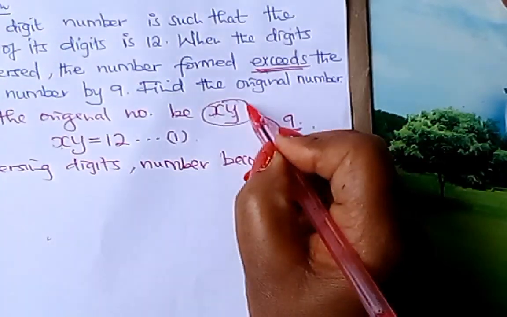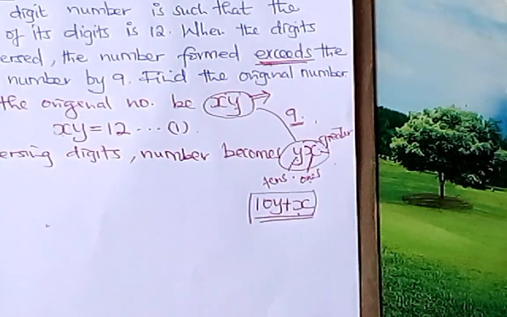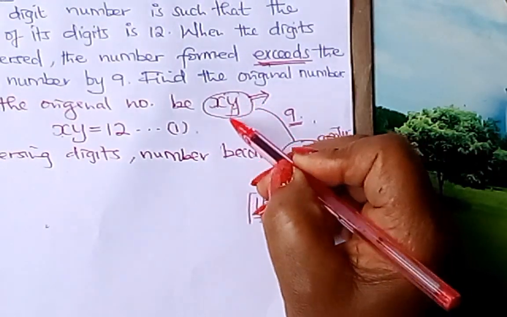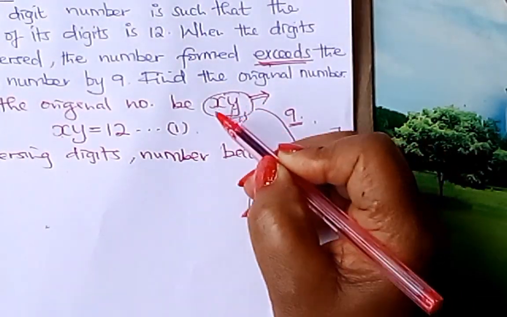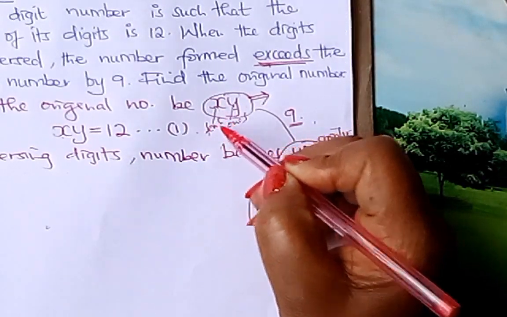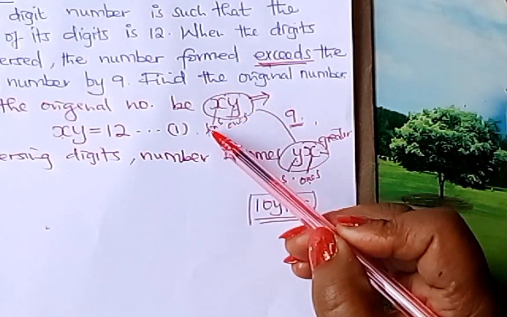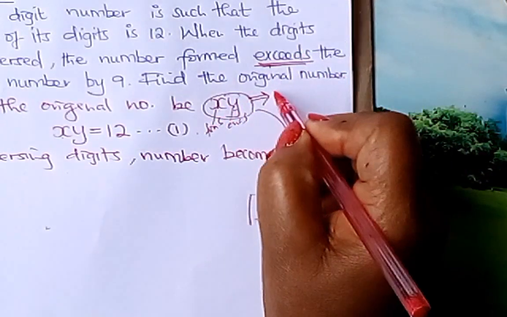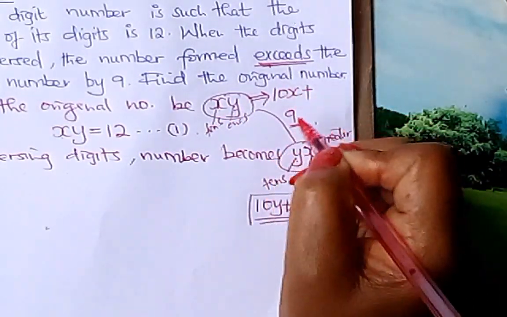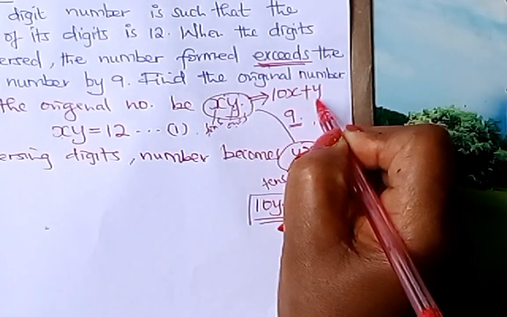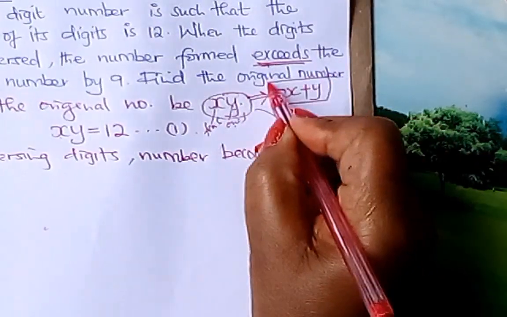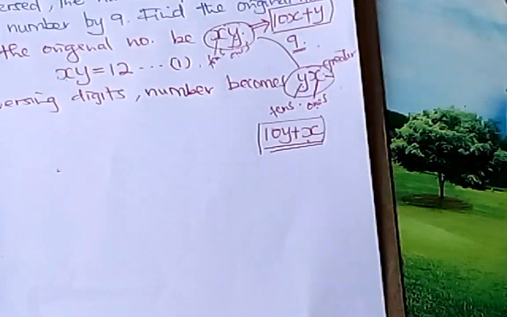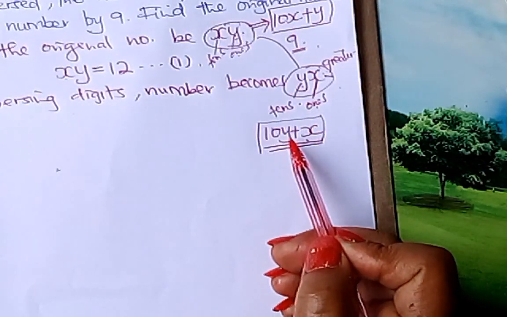We go to this other one. What will be the total value? This is in the ones digit and this is in the tens digit. So the total value will be 10 times x, which is 10x, plus 1 times y, which is y. So 10x plus y. To show this difference, you use the total value.